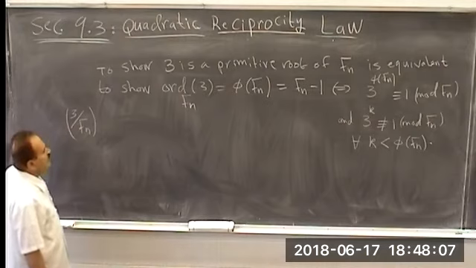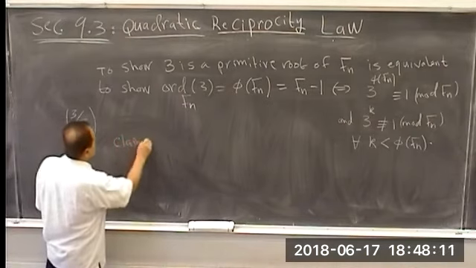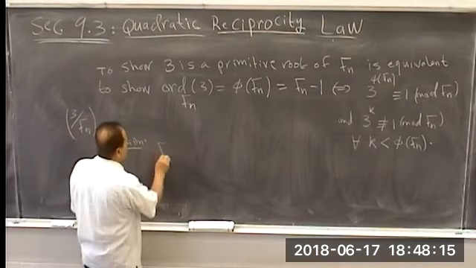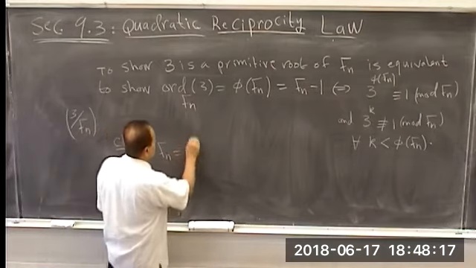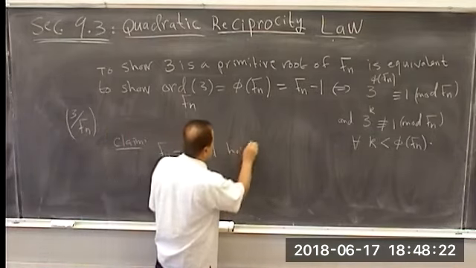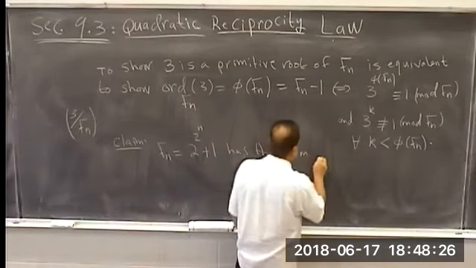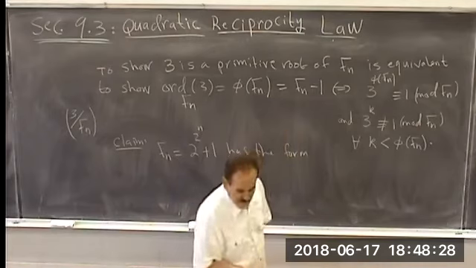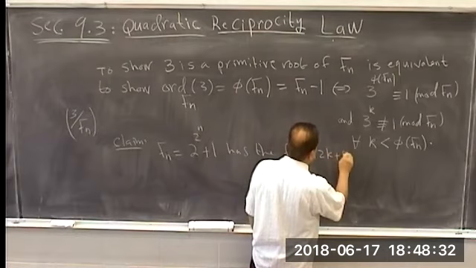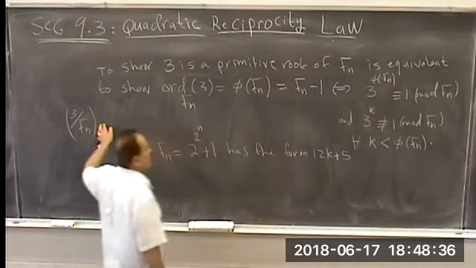So I want to claim that Fn, 2 to the power 2 to the n plus 1, has the form 12k plus 5. And remember, this gives us the value of -1 for this.